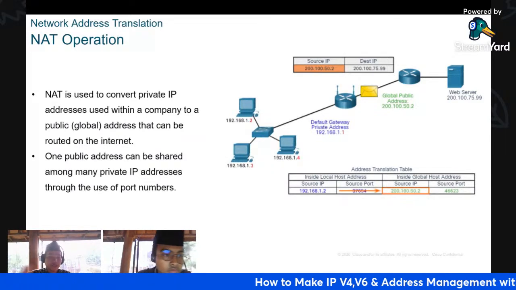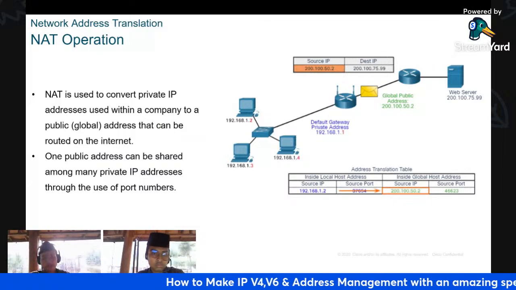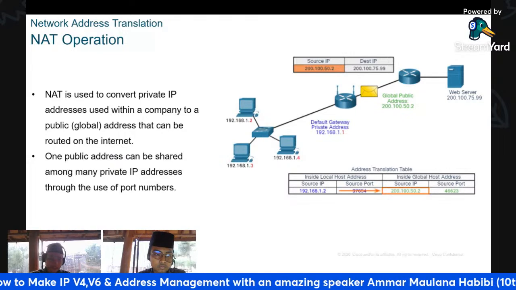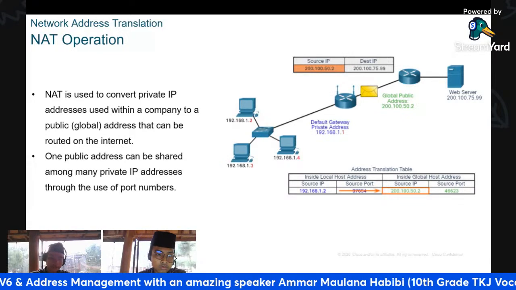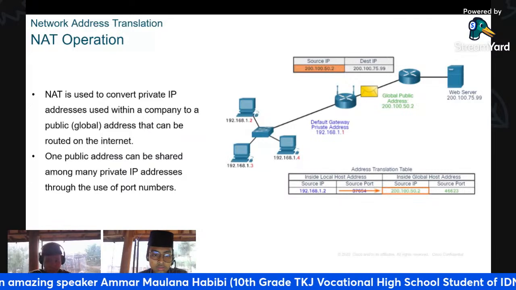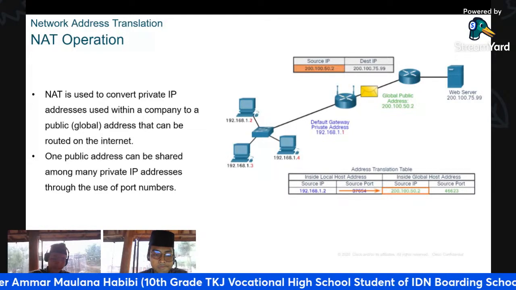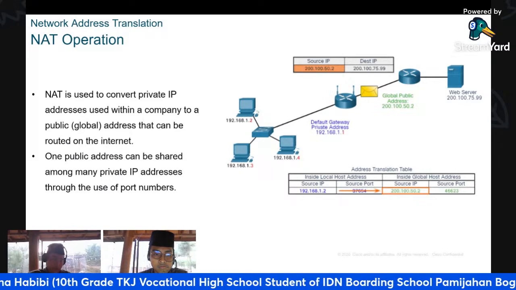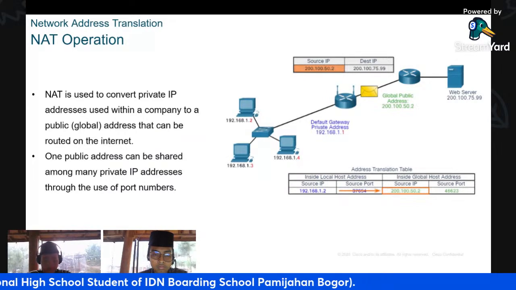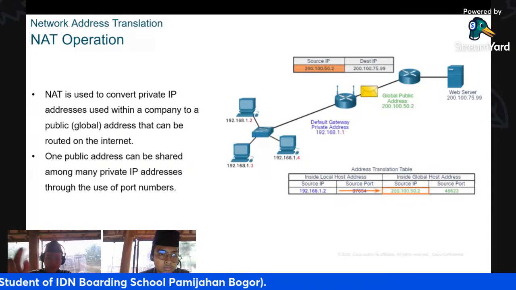You can see the router does a mapping. Then the web server confirms that the first PC wants to open the Cisco website, and it sends it back to the router, the wireless router, the switch, and back to the first PC.